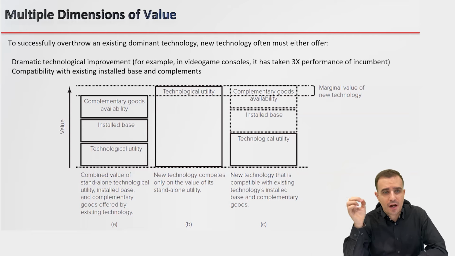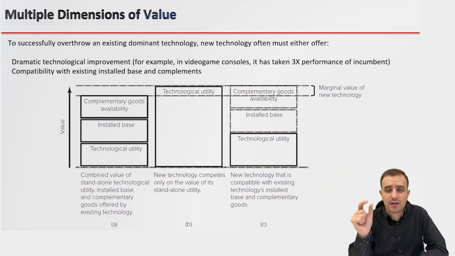The first option, which you can see here in the slide, is that the new technology will focus specifically on the technology utility. In this case, the technology delivers a much greater standalone value.